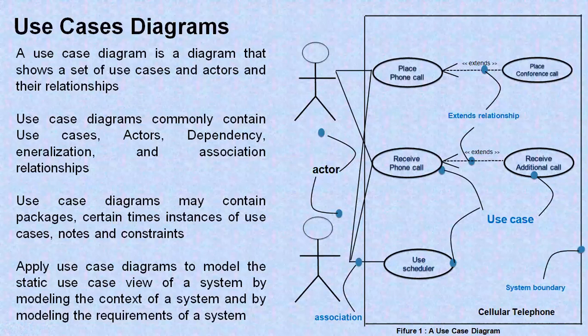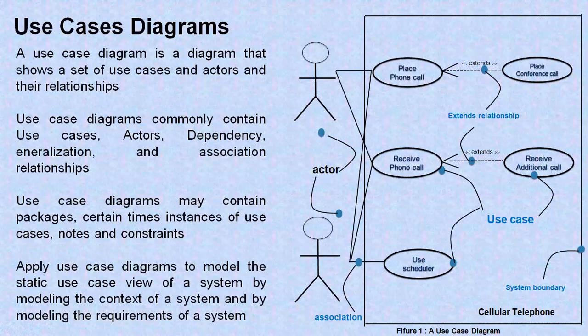They may also contain packages, which are used to group the elements of our model in large chunks. Occasionally we would like to place the instances of the use case in our diagram, as well as when we want to visualize a specific executing system.